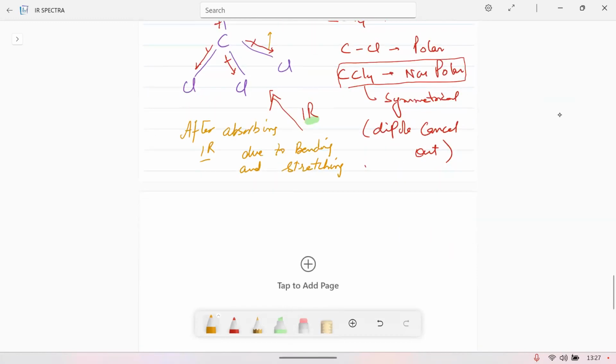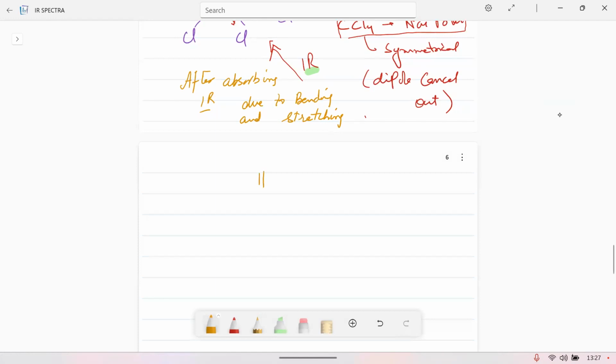The CCl4 becomes polar, and as a result, it can be identified. Why does it become polar? Because now the dipoles do not cancel.